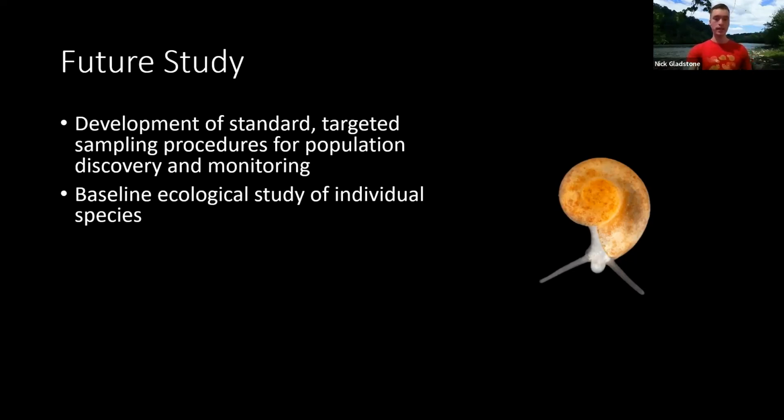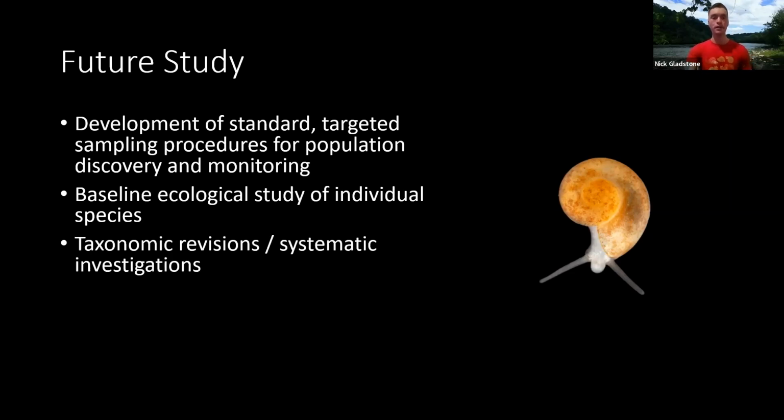So that goes hand in hand with baseline ecological studies of individual species. We want to understand how we broadly affect groundwater systems in general, but if we don't know anything about individual species, we don't have much of a leg to stand on in getting state protection or federal protection or anything such as that.